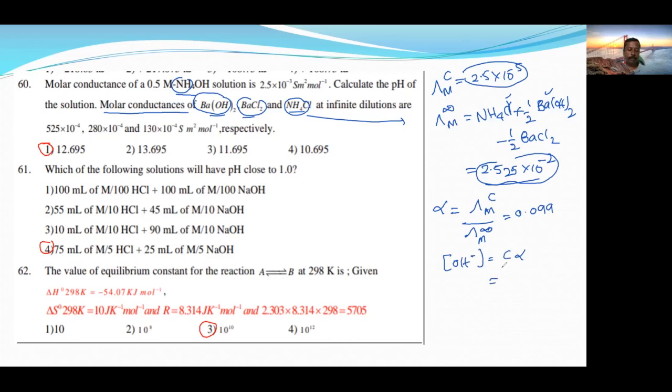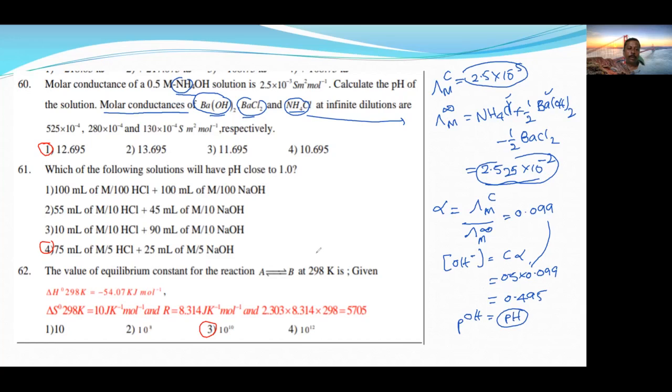Alpha is already given, C is given as concentration 0.5. So 0.5 into alpha 0.099. On simplifying you will get 0.495. Sorry, this is OH negative. Then you will get pOH, then you will find out the pH.